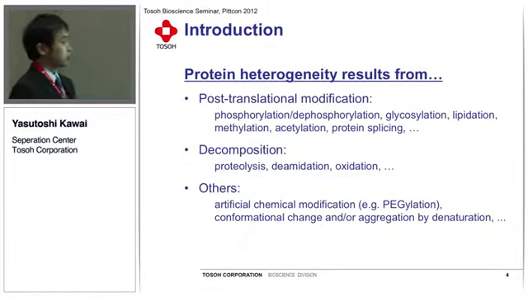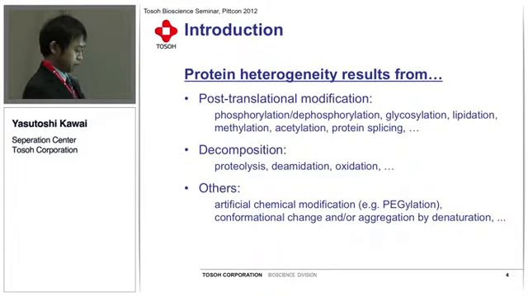The sources of protein heterogeneity are classified into the following three groups. The first is post-translational modification, such as phosphorylation and dephosphorylation, glycosylation, lipidation, methylation, acetylation, and protein splicing.